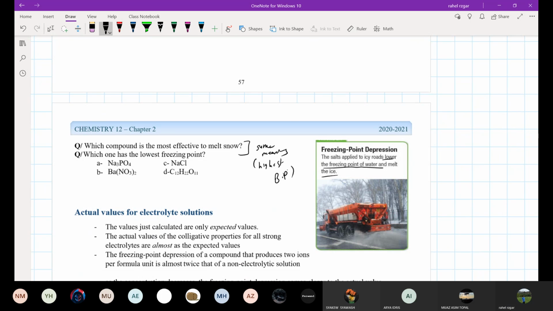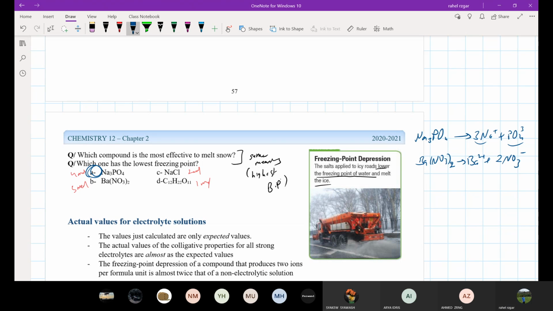So, as you can see in this question, no molality is given. What is given? What is the only difference between these compounds? Factors. What is this one? Remove. NO3. That's all right.